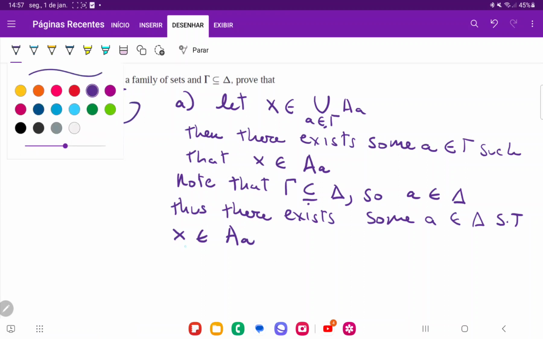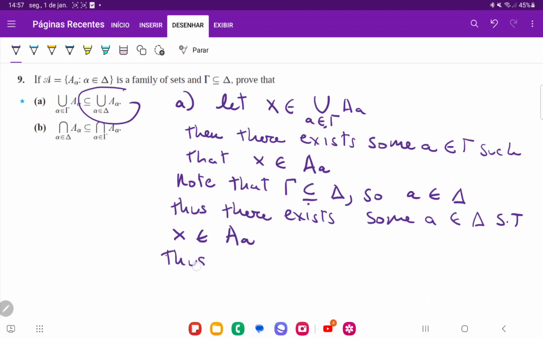So thus X belongs to the union of A belonging to delta of A sub A.